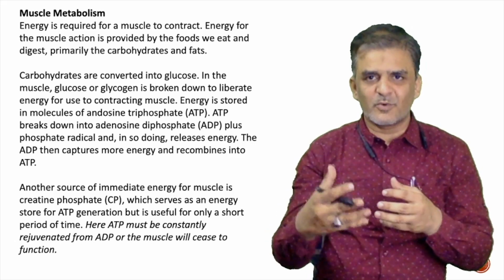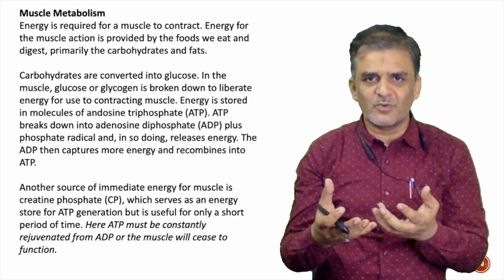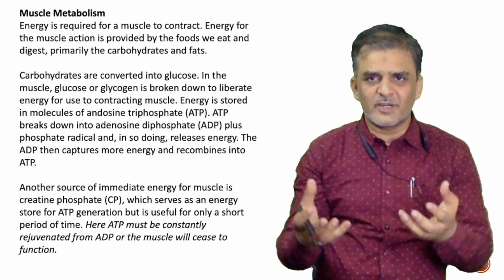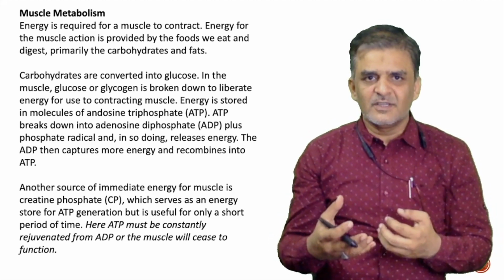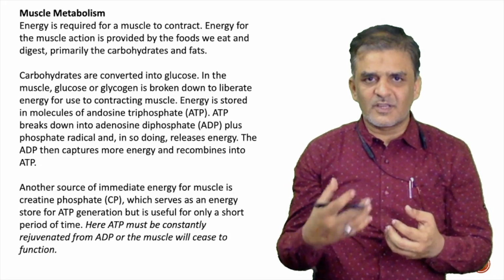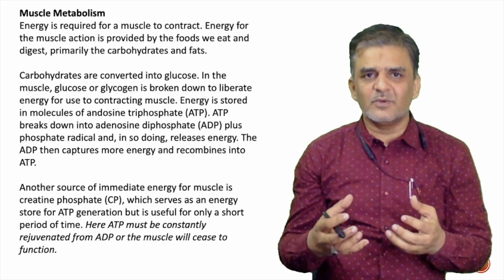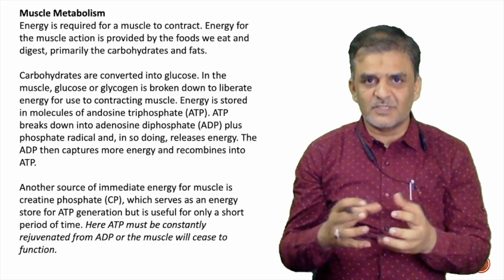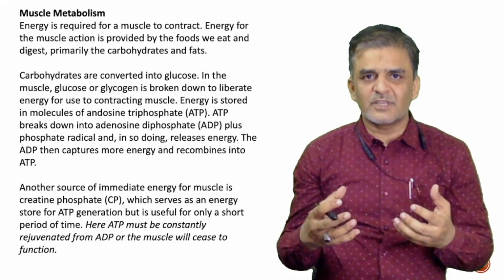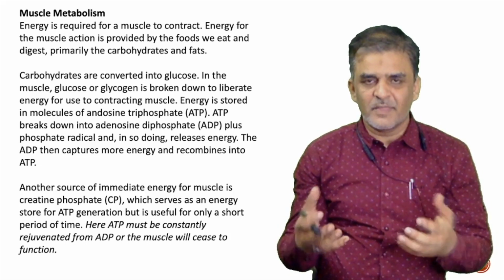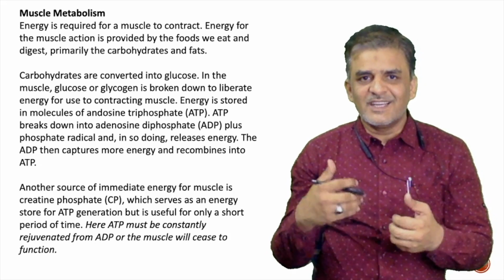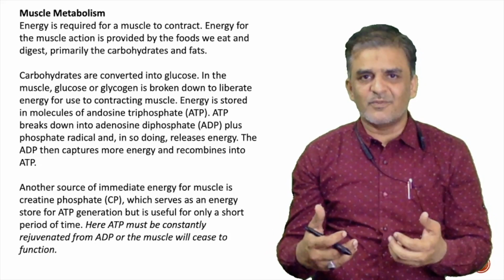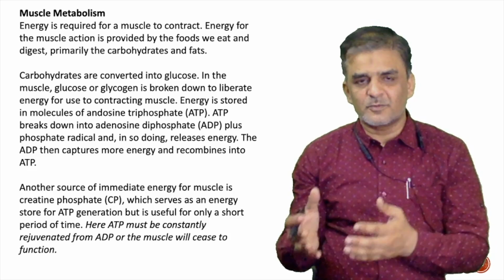Basically, carbohydrate is converted into glucose. Fats or carbohydrates which we take from the food are converted into glucose or glycogen, which is broken down into energy packets, which we call adenosine triphosphate. Adenosine triphosphate breaks down into adenosine diphosphate plus phosphate radicals.